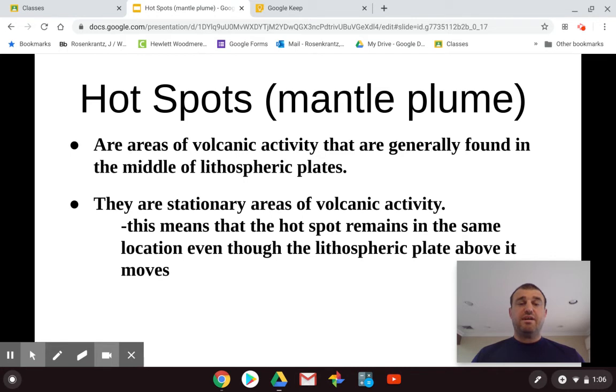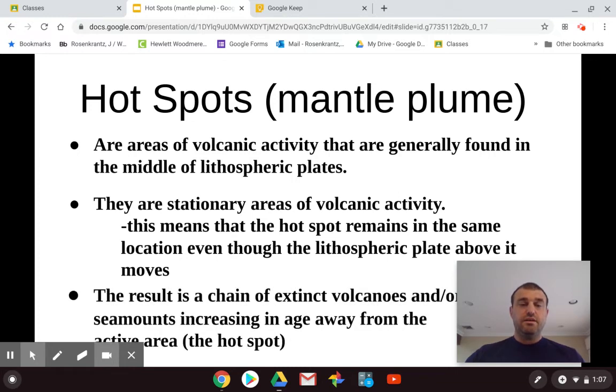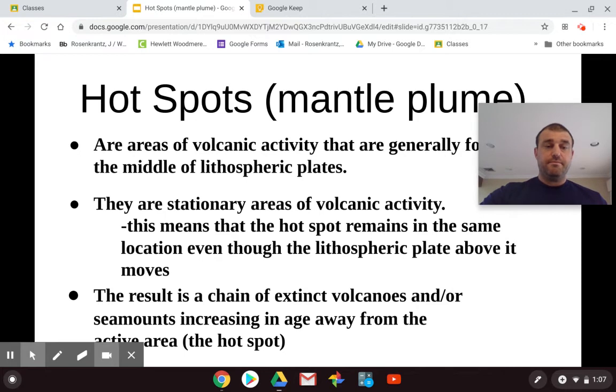So these hotspots are stationary areas of volcanic activity. And if you watch that video again, you'll see that the hotspot wasn't moving. The plate above it was. So I'll read the bullet again. It says they are stationary areas of volcanic activity. This means that the hotspot remains in the same location, even though the lithospheric plate above it moves. And then the last bullet.